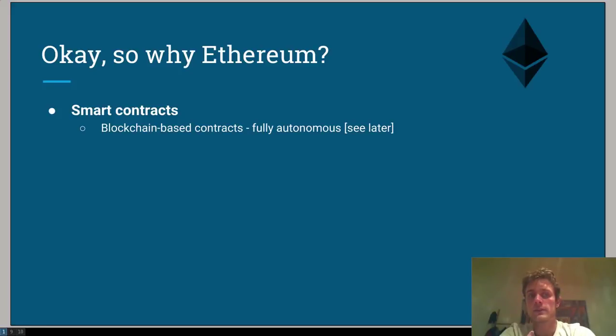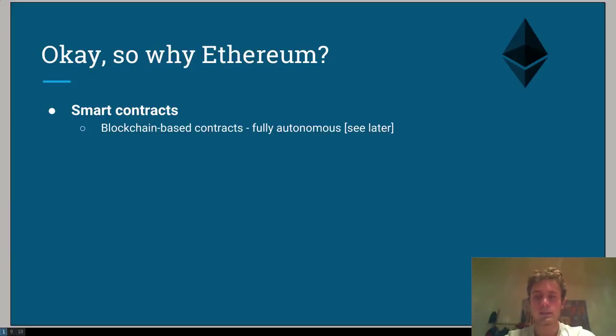Smart contracts are, if you want, an autonomous set of rules that is executed in a decentralized way, and we'll really look into it when we talk more about this. So Ethereum brings smart contracts to the table.